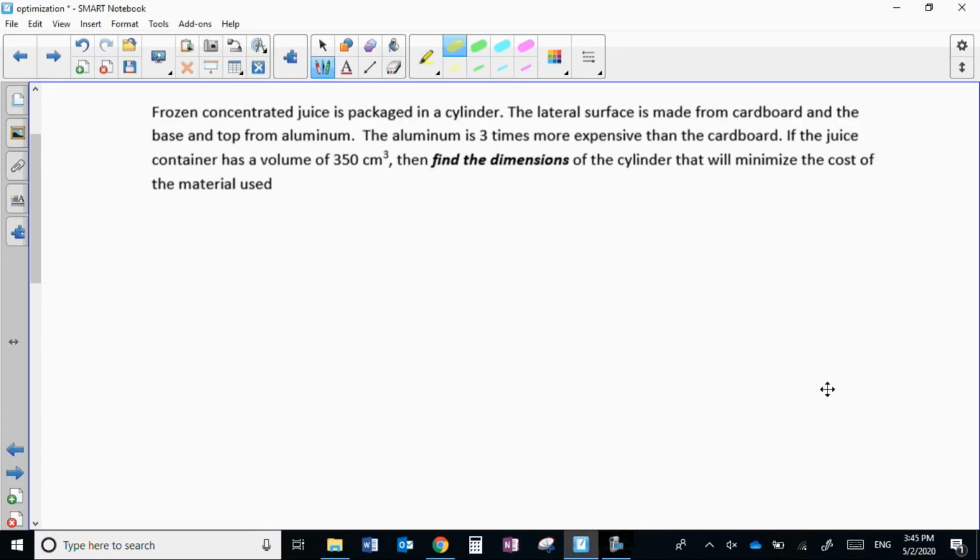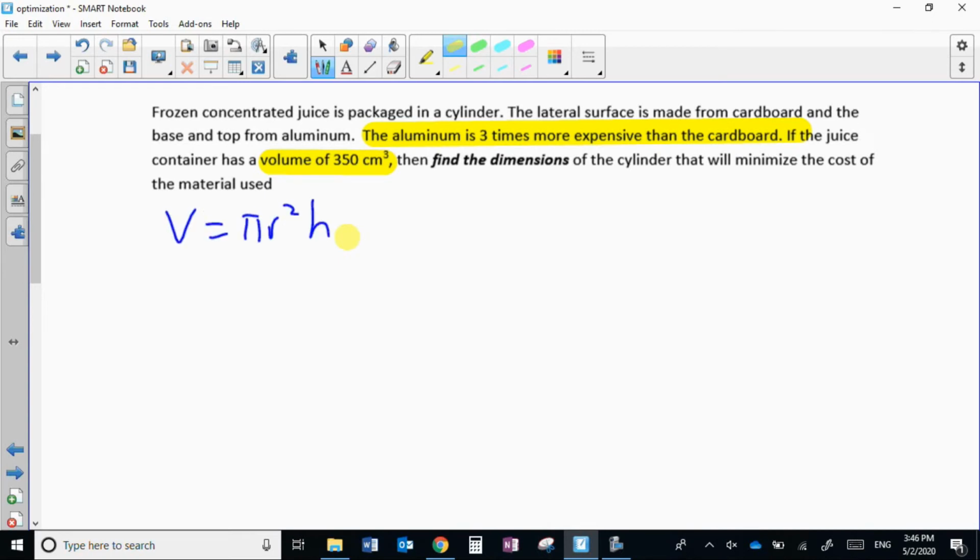So let's take that orange juice example and let's make an assumption. Let's assume that the aluminum is 3 times more expensive than the cardboard. And we'll say that the container has a volume of 350 centimeters cubed. Okay, so volume, pi r squared h.